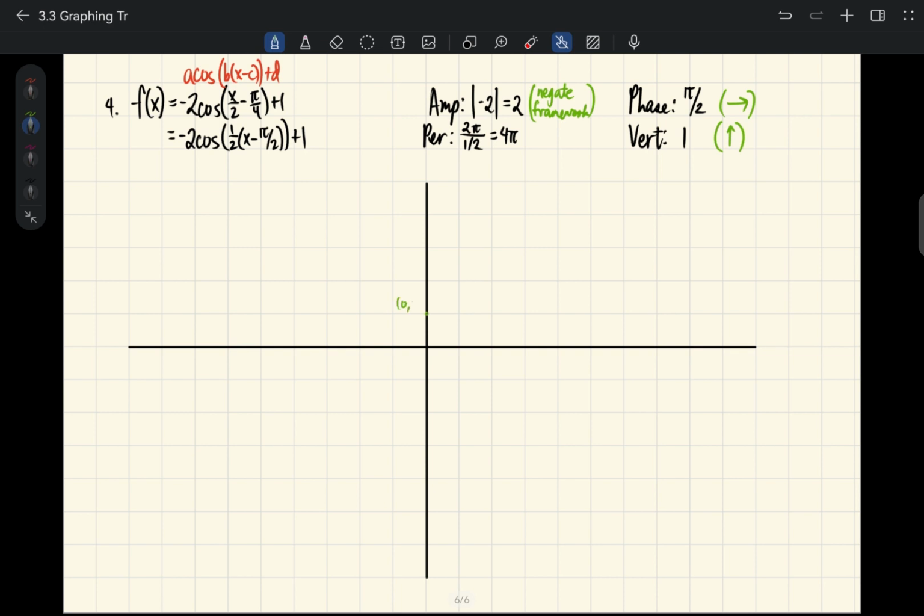But once again, (0, 1) is a maximum point. So we have to adjust this one by the value of A. First and foremost, since your A is negative 2, the maximum points will change.